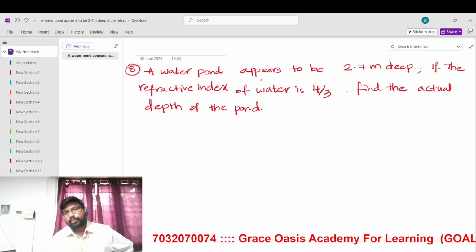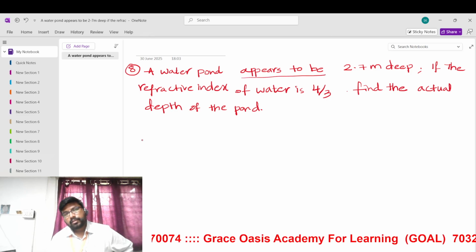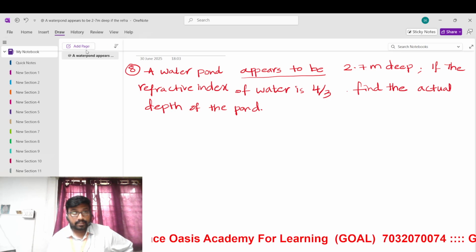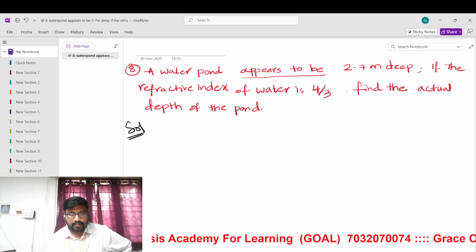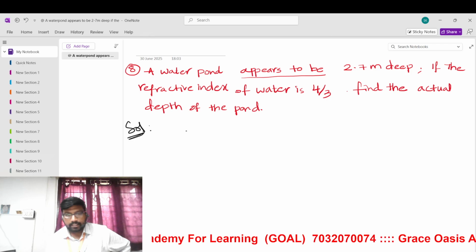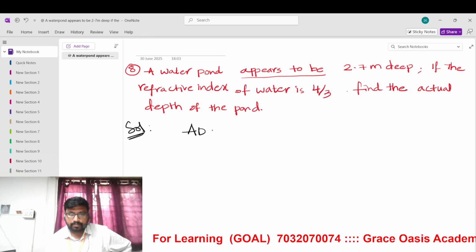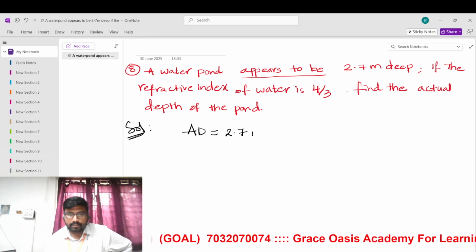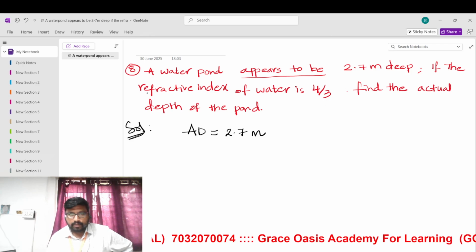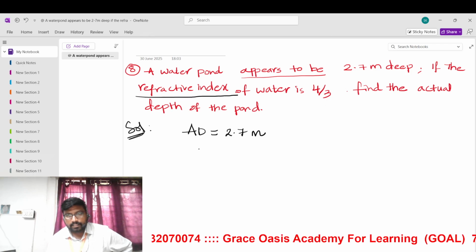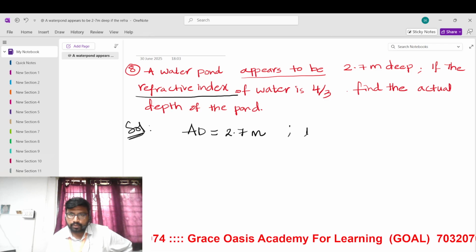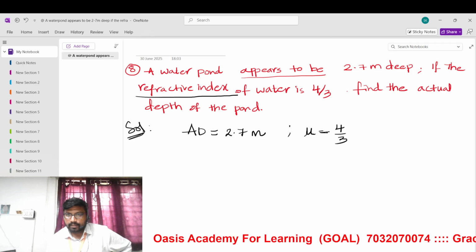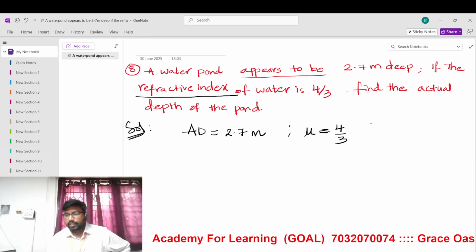So here, water pond appears to be means, not shift. AD means what? Apparent depth. Okay, AD is given, apparent depth 2.7 meters. What is the refractive index? Mu is also given, 4 by 3.